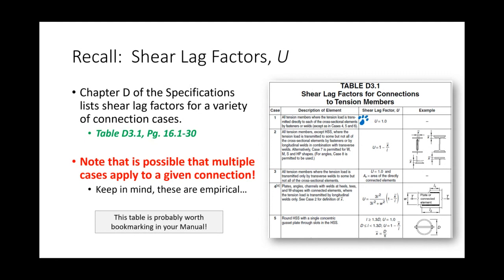Case 2, the 1 minus x bar over L, is when some of the cross-sectional elements are connected by fasteners or welds. Case 1 is when they're all connected by fasteners or welds, right? This is an angle. An angle is comprised of 2 legs. Both of those legs are connected. What's the deal here? The deal is that U is 1.